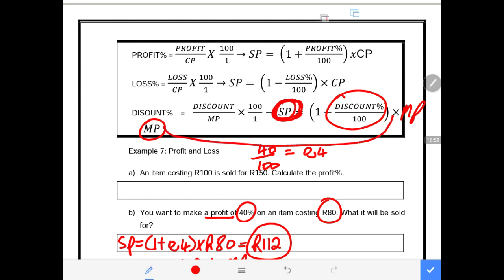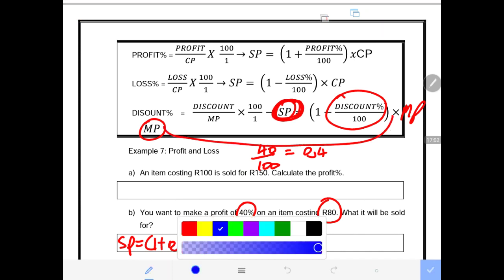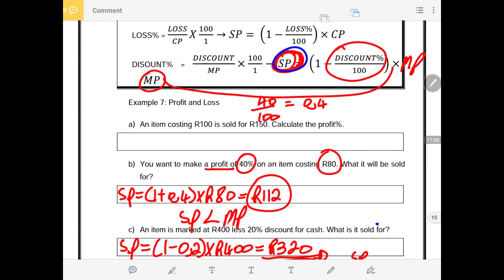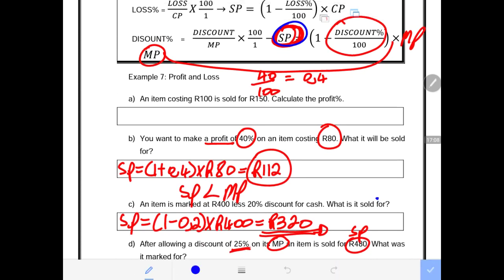We do have the selling price in this formula, which is 480. Then we have to substitute our MP, which is the unknown, the marked up price.